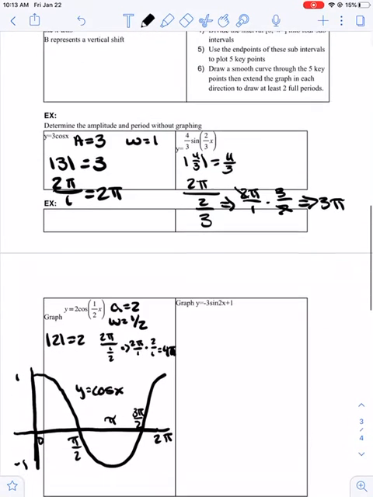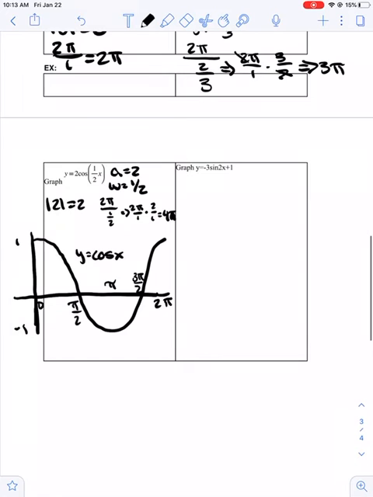So the next thing we want to do is draw our amplitude and add that on there. So we're stretching it by 2. So now our amplitude is 2, so it's going to be taller. So now it's between 2 and negative 2.